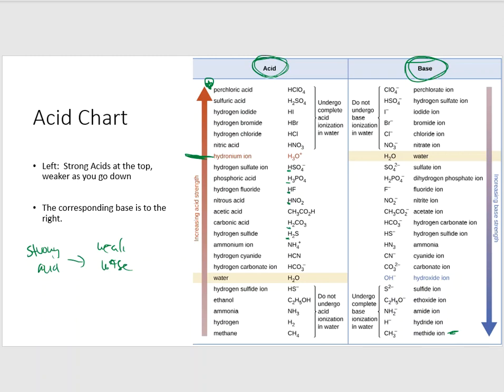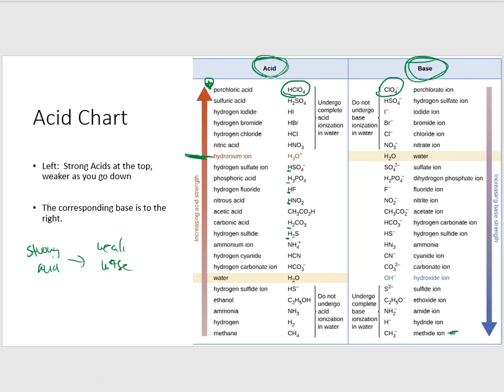So perchloric acid is a very strong acid, which means it gives off the proton that it needs to give off, and that's ClO4 minus. Once that ClO4 minus happens, this is extremely weak at this point, meaning that it doesn't want to take the proton on again. Because if it does, it's going to revert back to this acid, and we already know that that acid will kick it right back off if it does it.